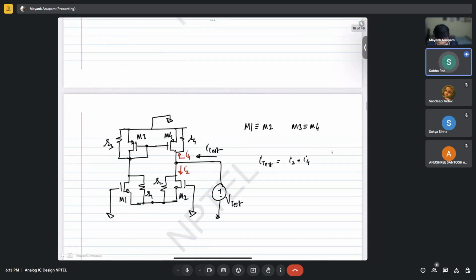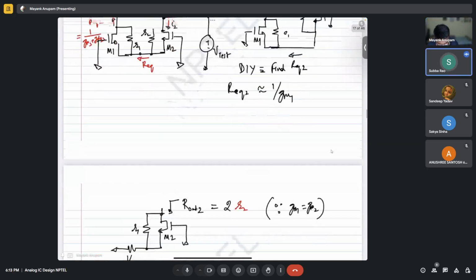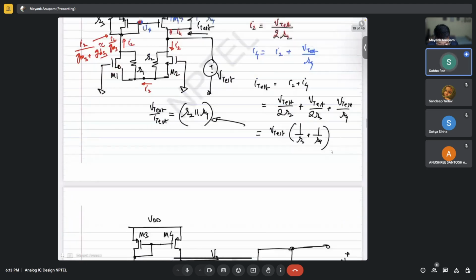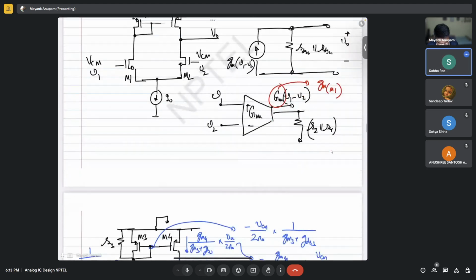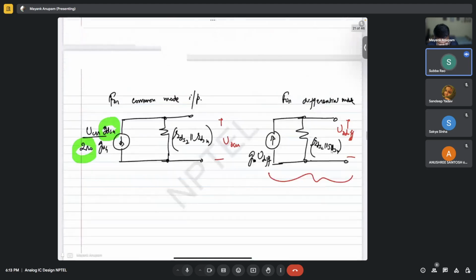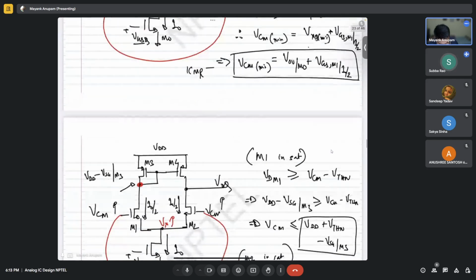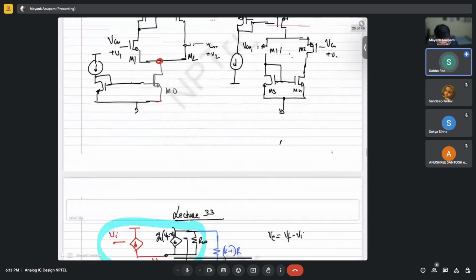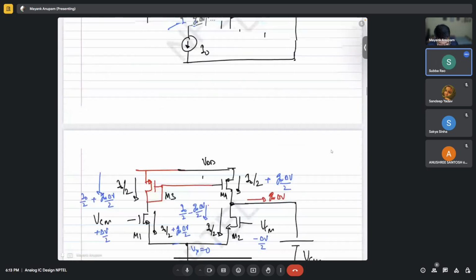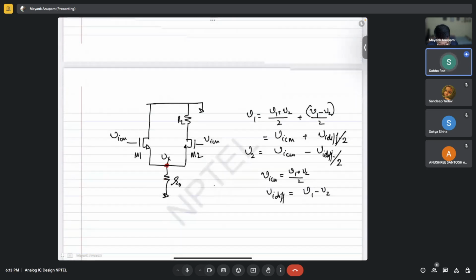It is written in these notes also, sir. Where is that? I am sliding, so tell me where I should stop. It is in the starting itself, not here, sir.